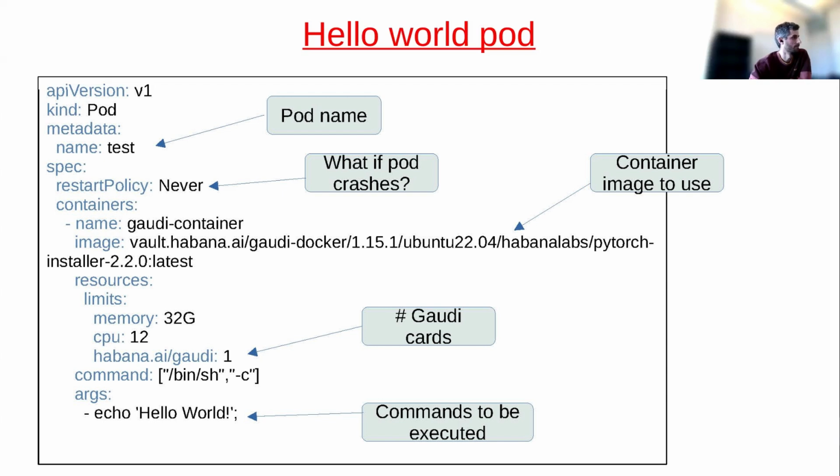Okay, then you define the container. You put some name, it doesn't matter. And then as I said, you need an image with all the software for your application. So you can use one from Intel Habana. This is the one we are using right now on Voyager. The 1.15.1 is the Synapse AI version. This is the one running right now on Voyager.